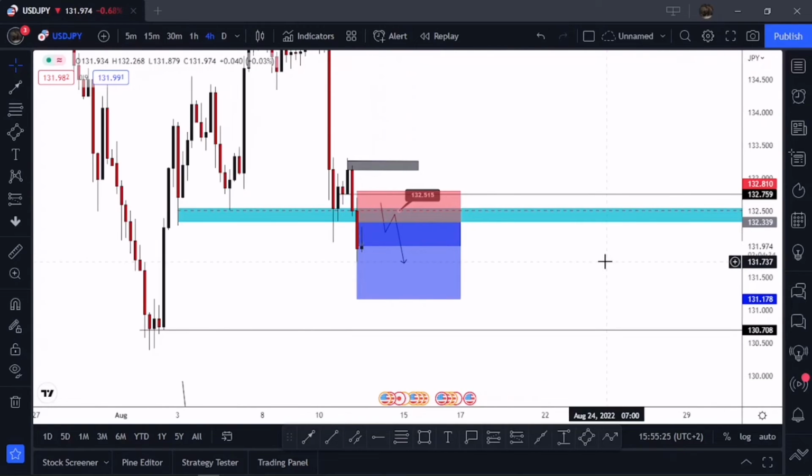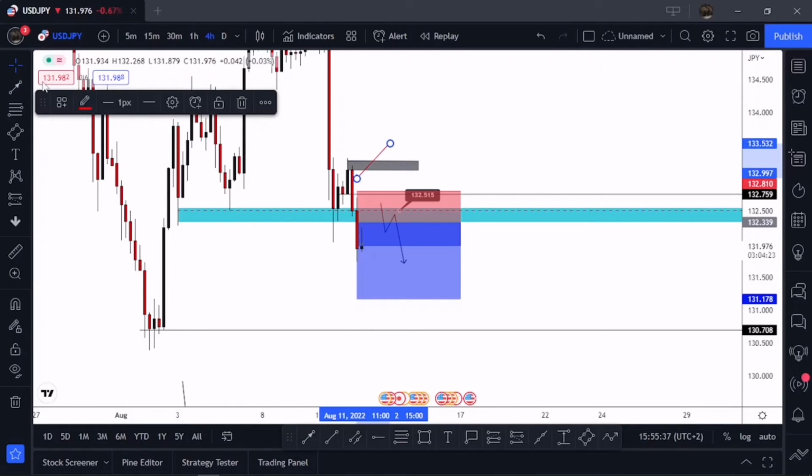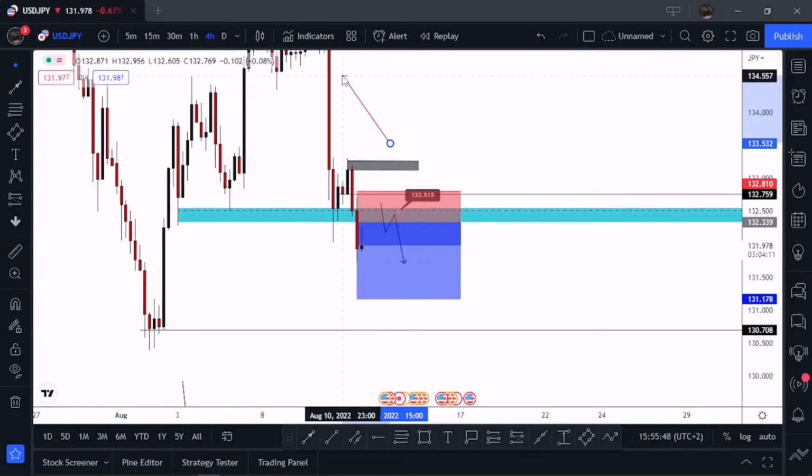So right here, when I woke up, this candlestick right here had already formed, right? And it is in line with the USD weakness and yen strength. So we expect a continuation of this structure right here.